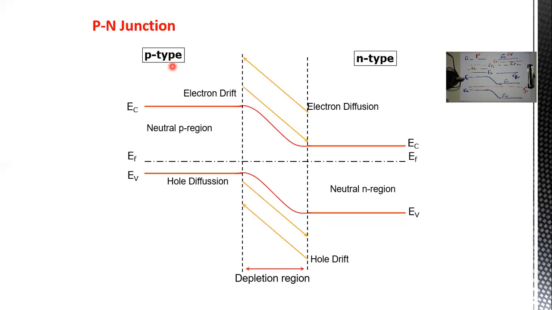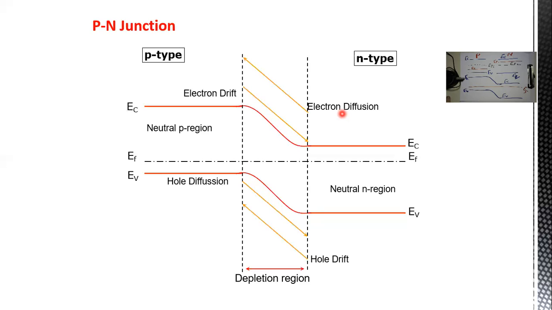We call the bigger number, which is holes, the majority carrier, and we call the lower number of electrons the minority carrier. So in this region, we have more holes and fewer electrons, while in the other region, we have a majority of electrons and a minority of holes.